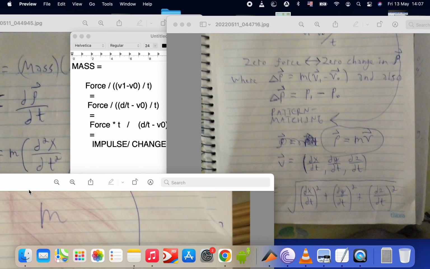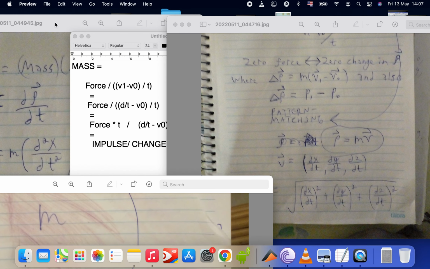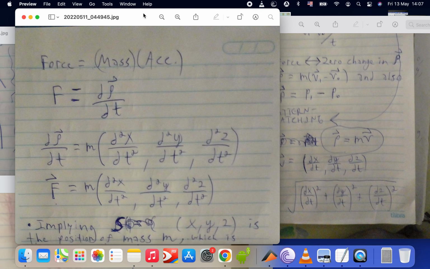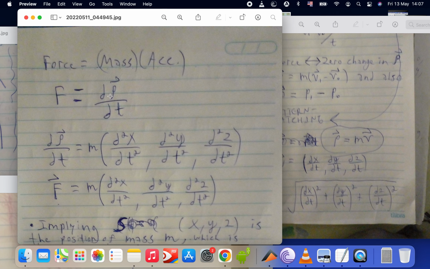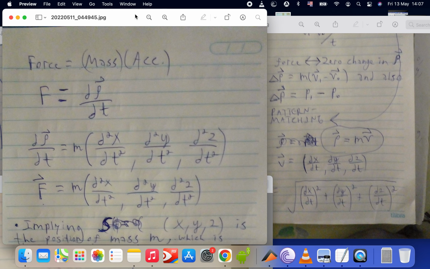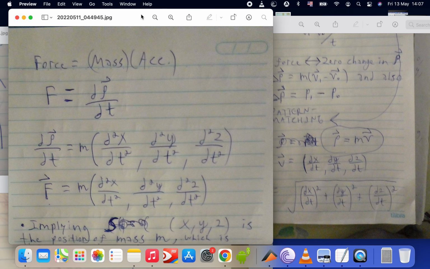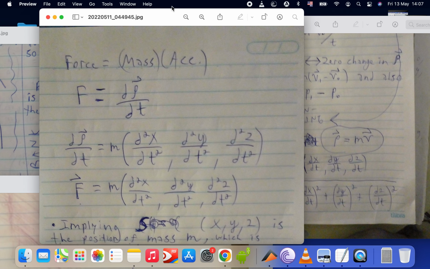And just to wrap this up, we have force equals the rate of change with respect to time of momentum. Why are we doing this?